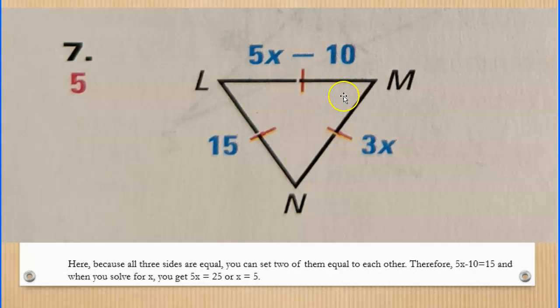I know they're equal. And when I work it out to solve for x, I'm going to get 5x equals 25, or x equals 5. You can just as easily set 3x equal to 15, or 3x equal to 5x minus 10. Any of them will work, and you will get the answer of 5.